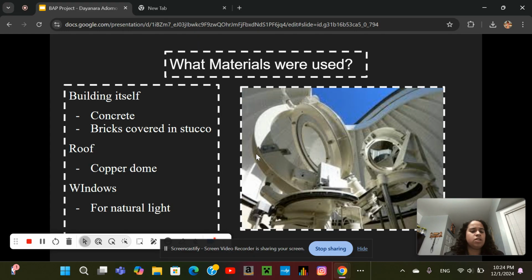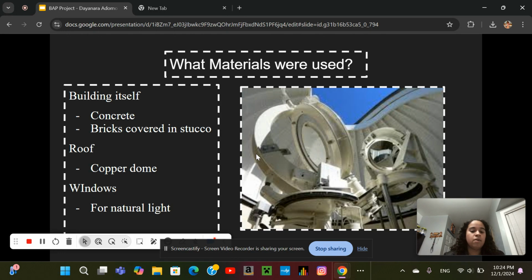Due to the limitations of concrete technology at the time, Mendelssohn had to compromise using a combination of brick and concrete. The exterior was then coated with stucco to give the appearance of a continuous fluid surface. The roof features a copper dome, and the observatory's telescope is housed inside.